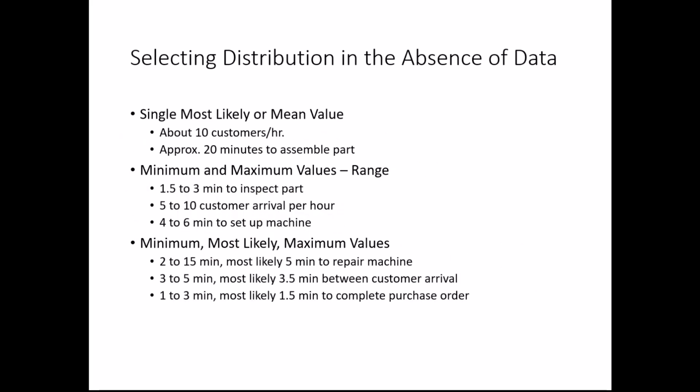Now, if you don't have data, in the absence of data, all you have to do is ask the question: what is the single most likely value that can occur in your system? Let's say it's about 10 customers an hour, or how long it takes to assemble a part, and they say it takes about 20 minutes.